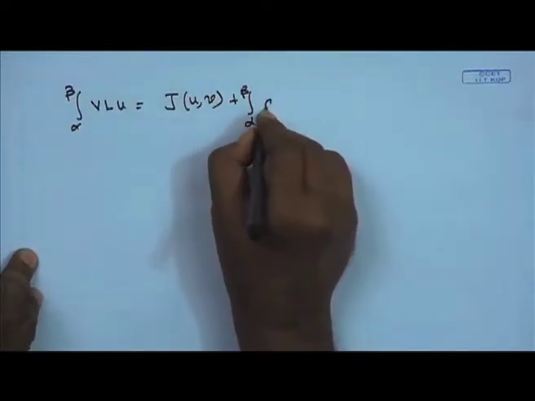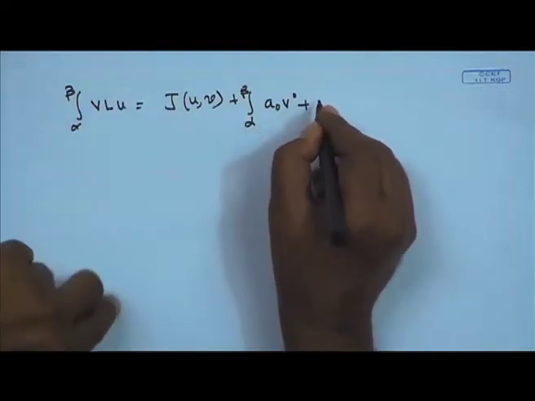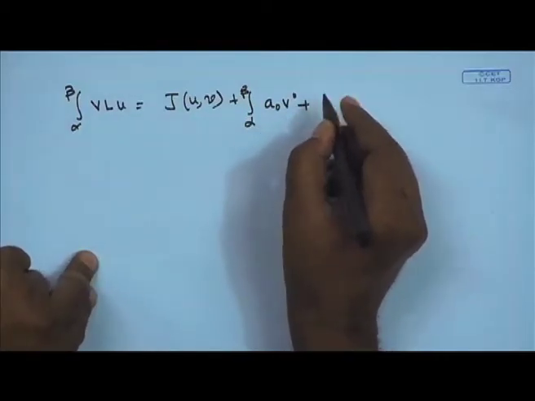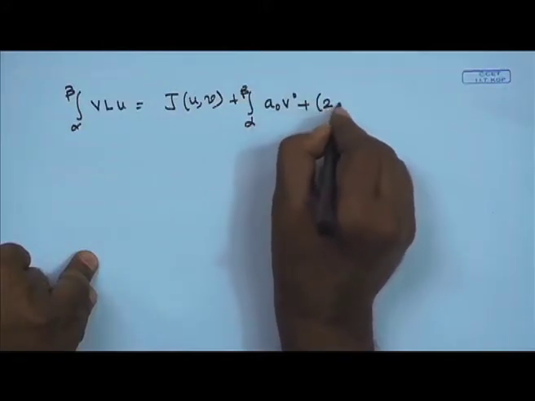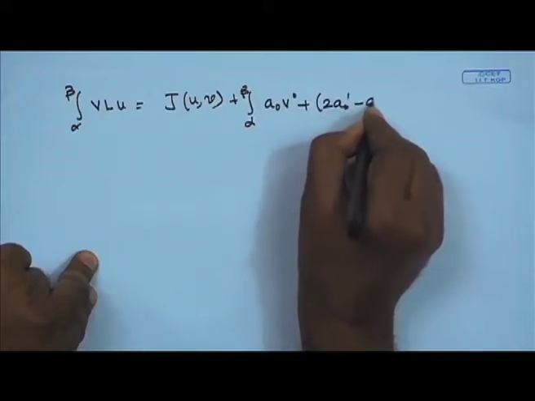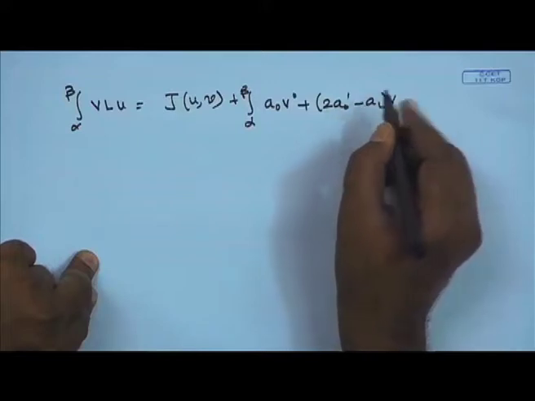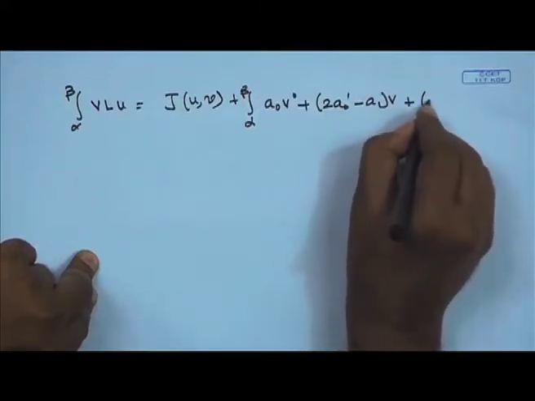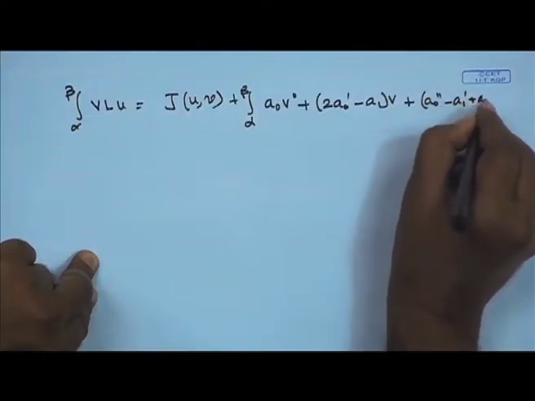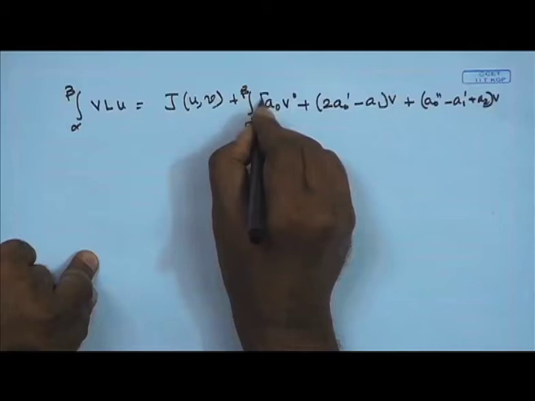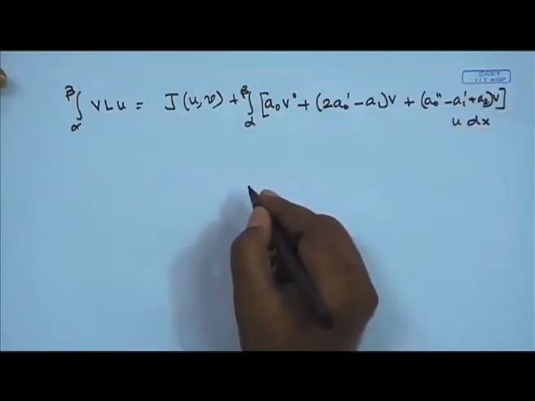What we will be getting is a0 v double prime plus 2 a0 prime minus a1 v prime, okay, plus a0 double prime minus a1 prime plus a2 times v multiplied by u dx. Okay.